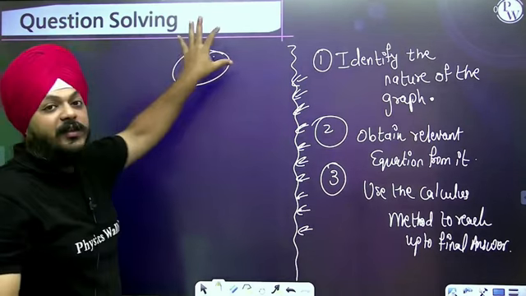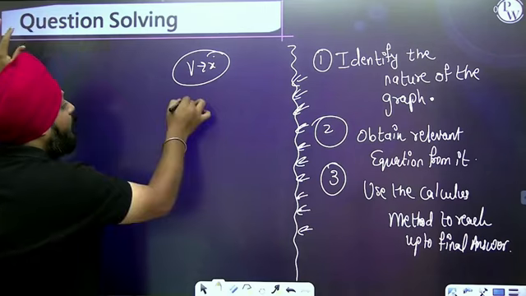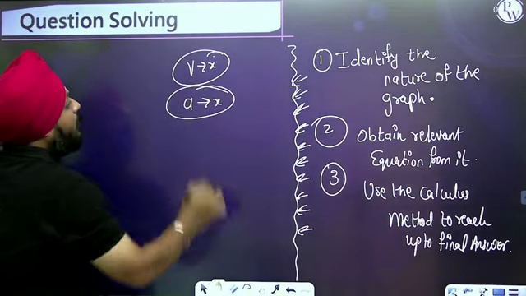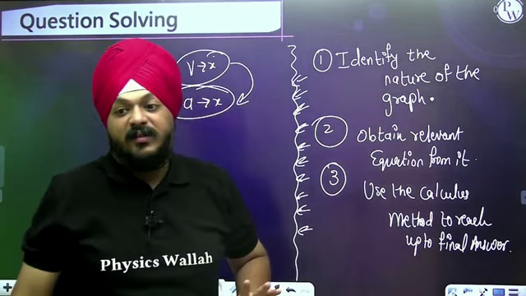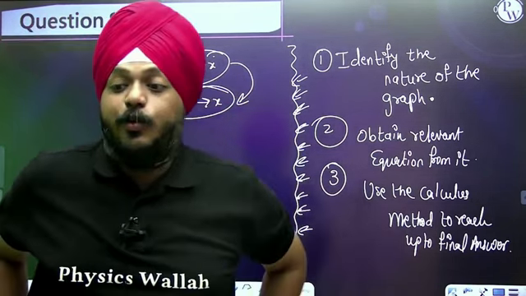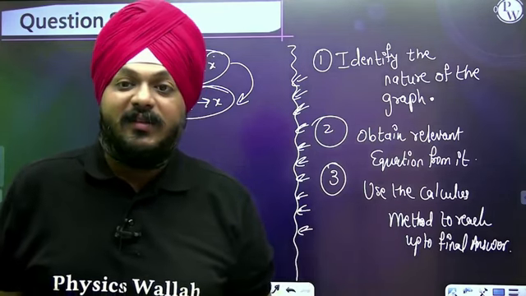So this is the given data. Now what we have to find out? Try to identify how to reach from v to a via x using the calculus method.